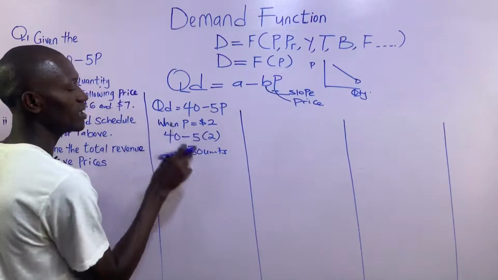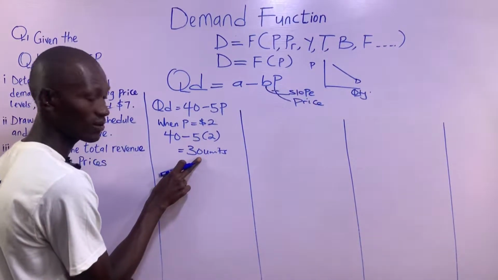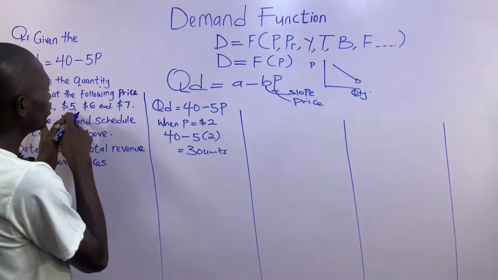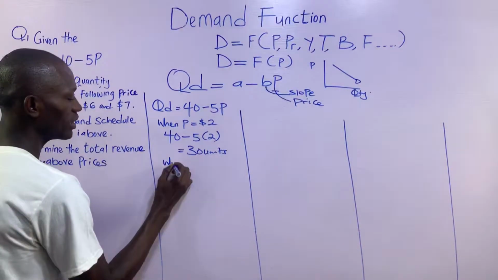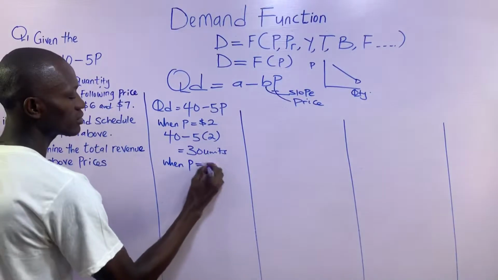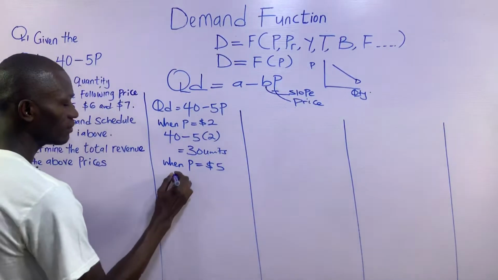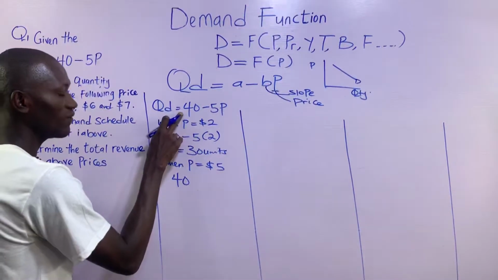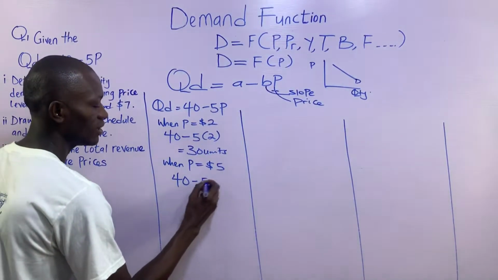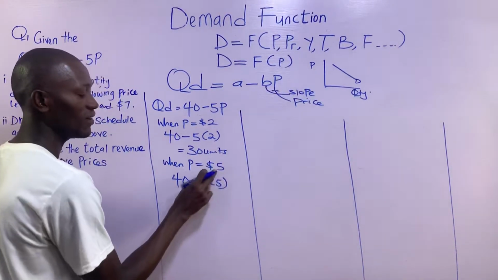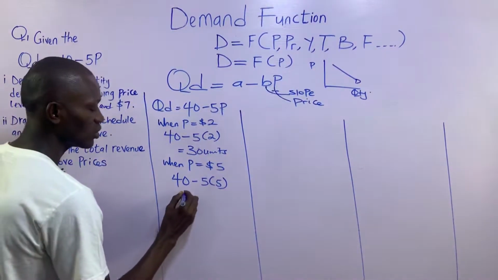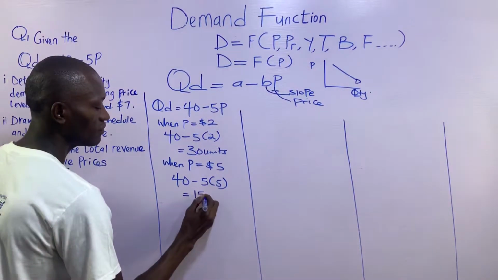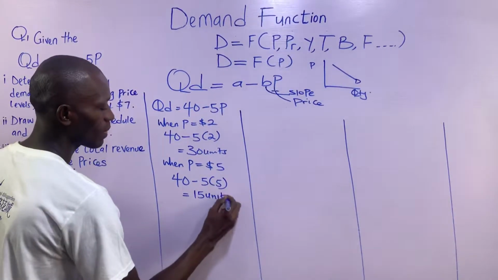Your quantity demanded is expressed in units. When P equals $5, we have the same demand function, 40 minus 5 times 5. 5 times 5 is 25. 40 minus 25 gives us 15 units.